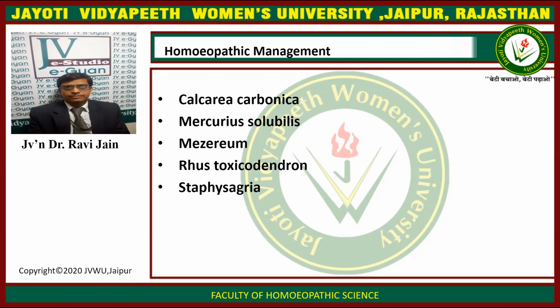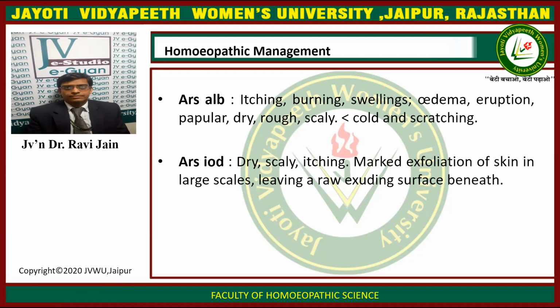Now we will discuss them one by one. Arsenic album: we have itching, burning, swelling, edema, eruptions, papular, dry, rough and scaly skin that is worsened with cold and scratching.